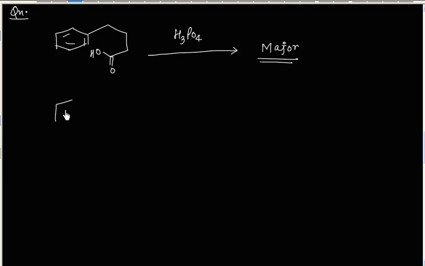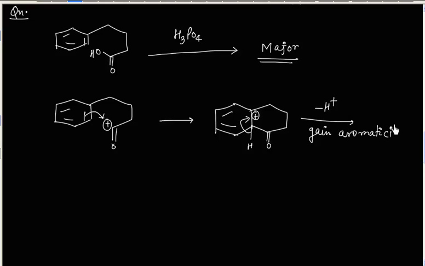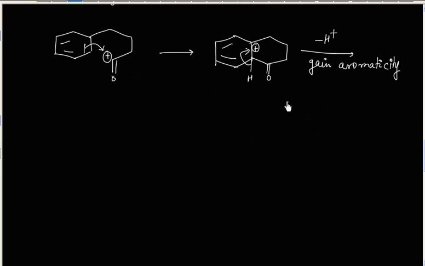So first we will generate acylinium ion, and in the next step benzene ring will attack. Finally we can lose H plus to gain aromaticity. So this is the final product.